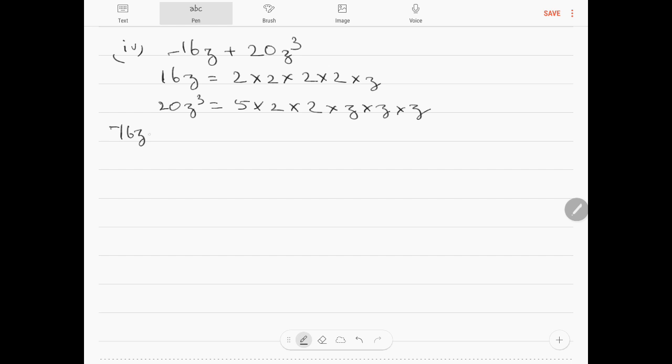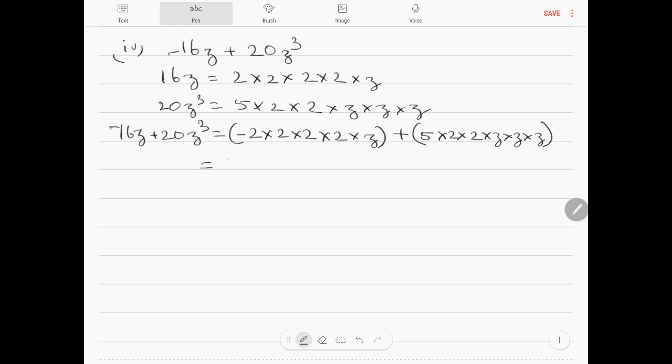Minus 16z plus 20z cube equal to minus 2 into 2 into 2 into 2 into z plus 5 into 2 into 2 into z into z into z, which is equal to, take this 2 is common, another 2 is common, another z is common.